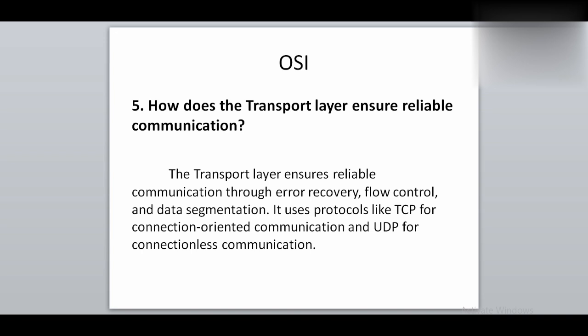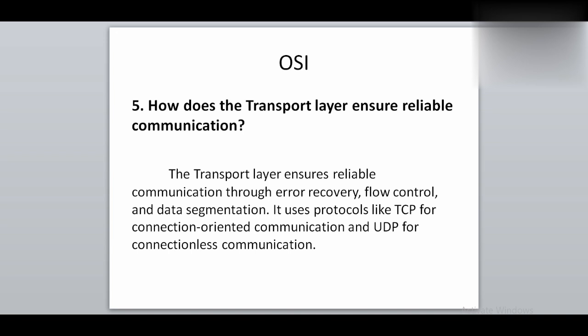Suppose the source sends 1, 2, 3 to the destination, but the destination side only got 1 and 3, with 2 missing. Then that error occurs, and it is recovered with the help of this layer.